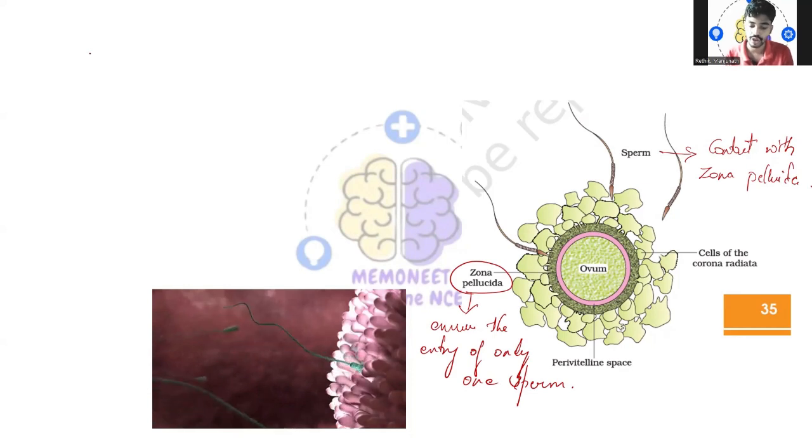There has to be a secretion of acrosomes, which are present on the tip of the sperm. Acrosomes are some kind of enzymes.